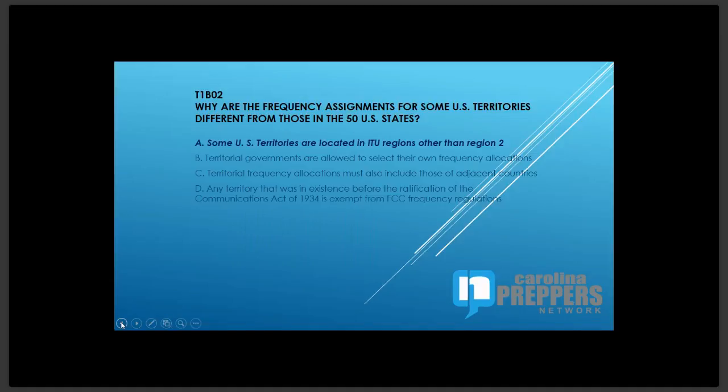Not all countries are adjacent to each other. Being butted up against each other has no effect on radio privileges. Any territory that was in existence before the ratification of the Communication Acts of 1934 is exempt from FCC frequency regulations.